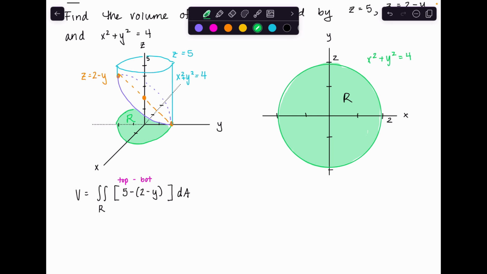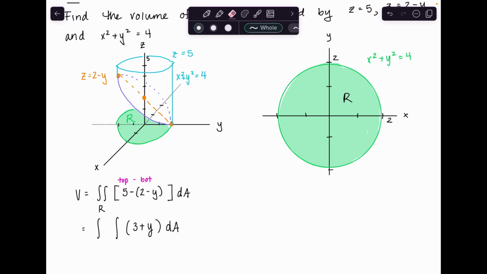So I'm going to set this up first in terms of rectangular coordinates. The inside just becomes 3 plus y when you subtract the 2, which is not too bad.